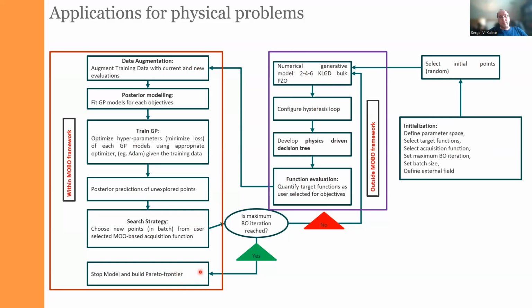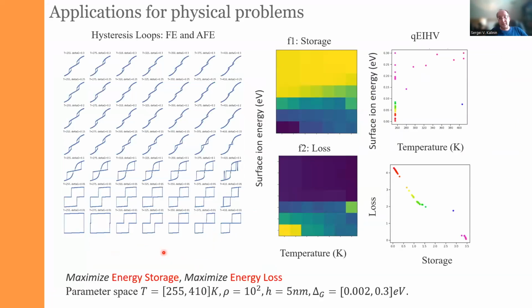And again, it takes quite a while because you need to train the surrogate model, get the posterior prediction, and then use the search strategy in order to find out how we can build the Pareto frontier. So 2 years ago, that was a big task. It is still a big task, but doing it the third time or fourth time is much easier than doing it the first or second time. And then the results look pretty nice.